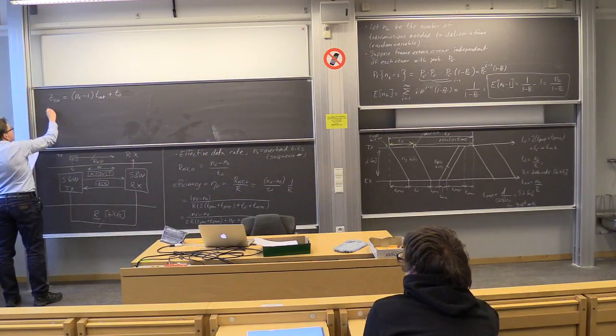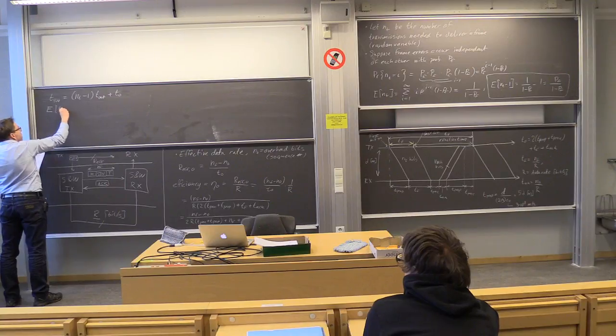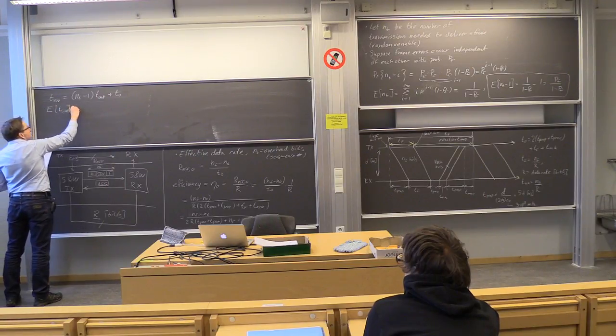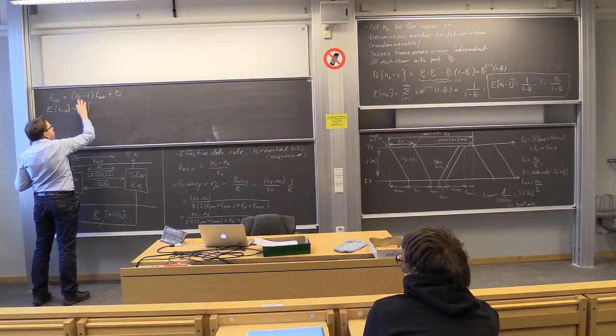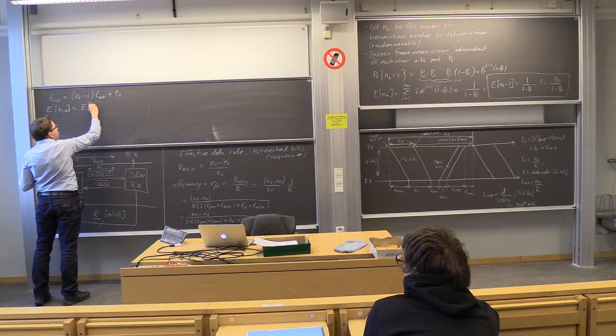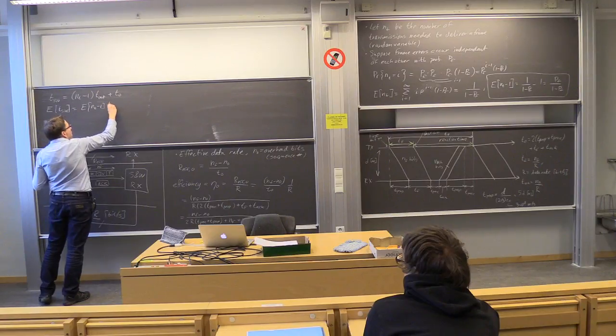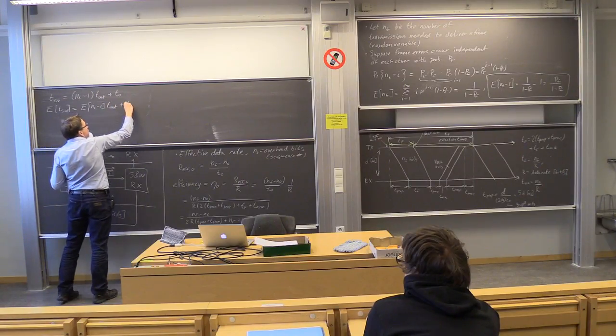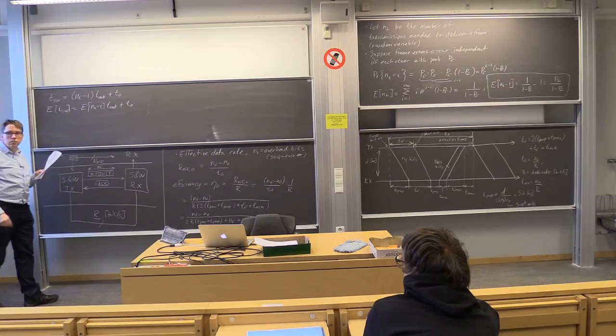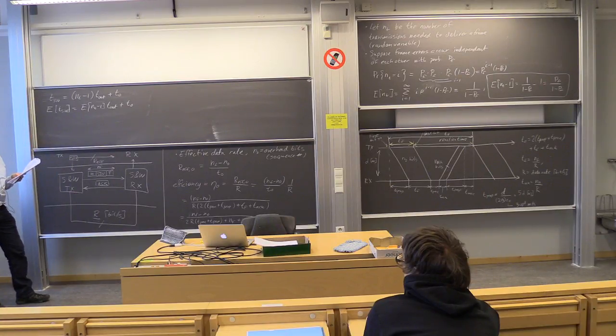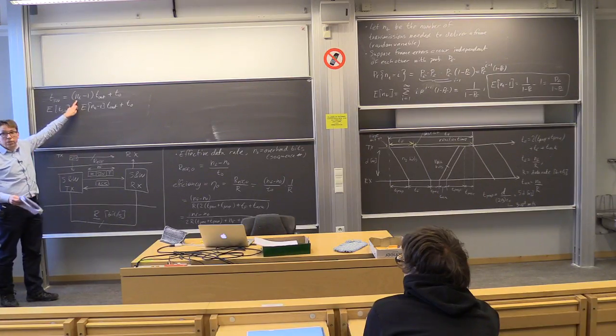So the expected time it takes is just the expected value of what we have up here, which is the expected value of nt minus 1 times t out plus t0. This is what's random, right? We don't know how many transmissions we will need.